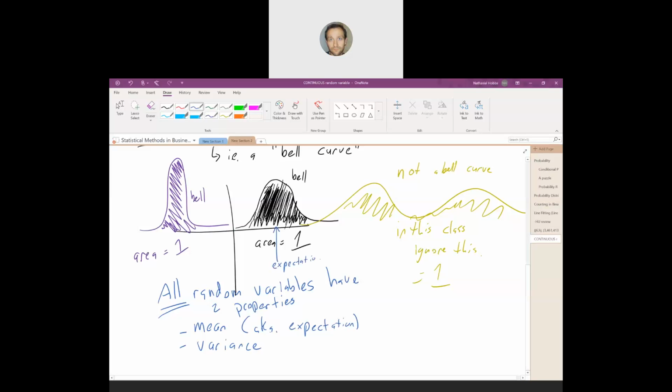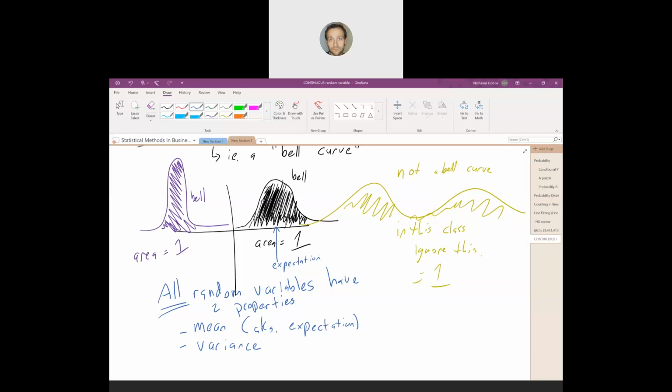All right. And how about the variance? Would that be a little bit on each side, depending on whatever the calculated variance is? Okay, so if you look at the purple and the black ones, which one has a higher variance? I'll tell you ahead of time, one of them has a high variance, one of them has a low variance.